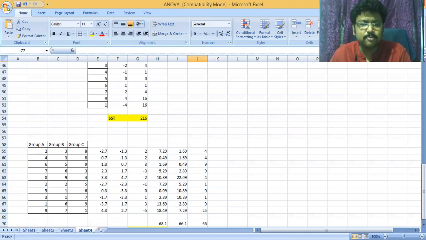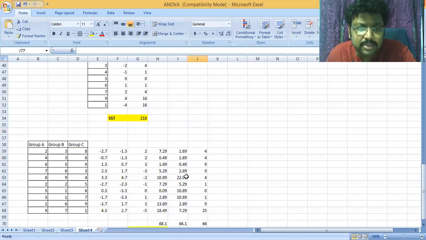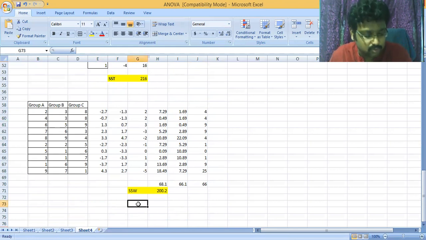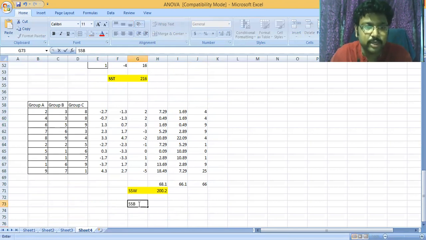Now the sum of square between can be found very easily by subtracting the sum of square within from the sum of square total. So this minus this.